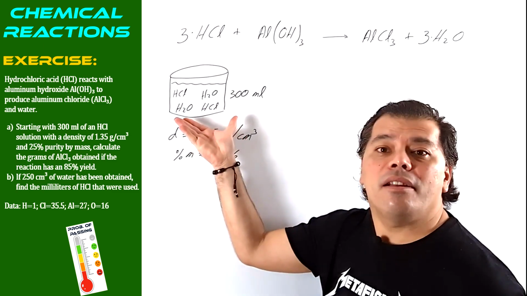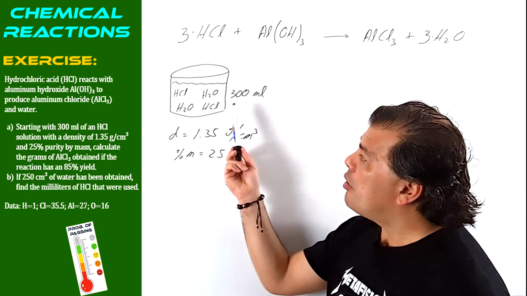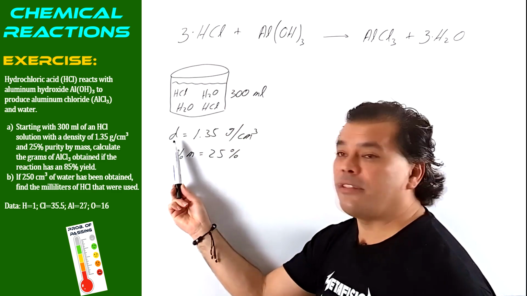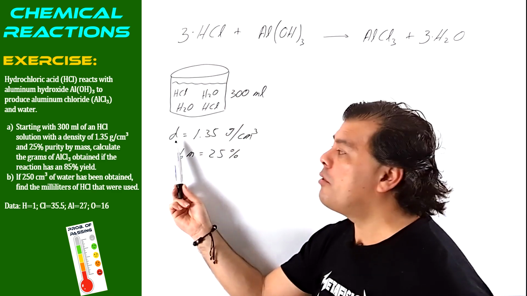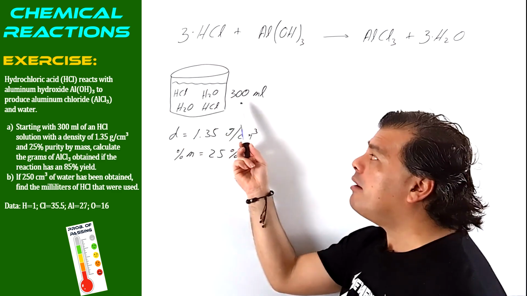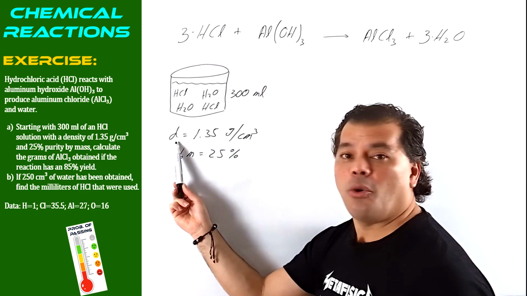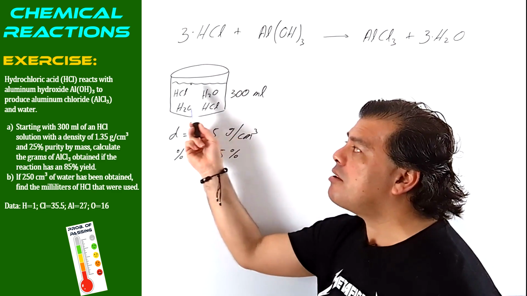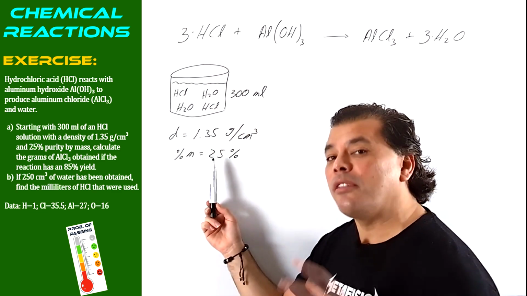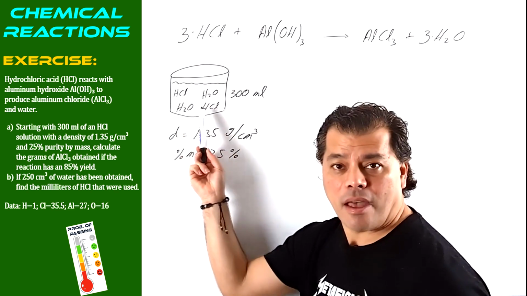in this little glass. Now, please follow me with this argument. Look, we're given the volume of all the dissolution and also the density. As you probably know, density equals mass of dissolution divided by volume of dissolution. So, using this data, we can calculate the mass of dissolution. But don't forget that we are interested in knowing only the mass of hydrochloric acid that comes inside.